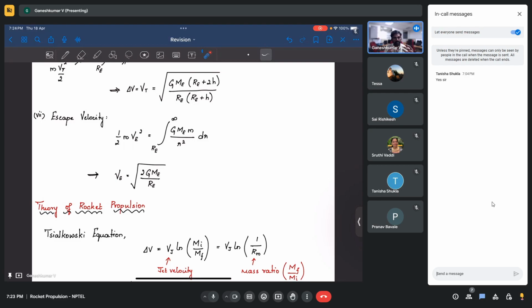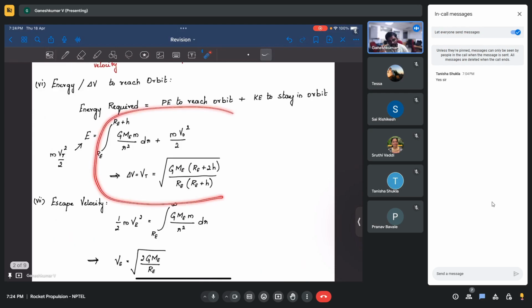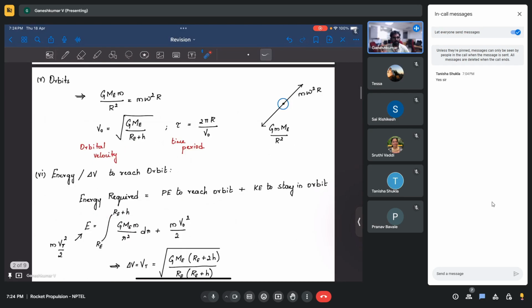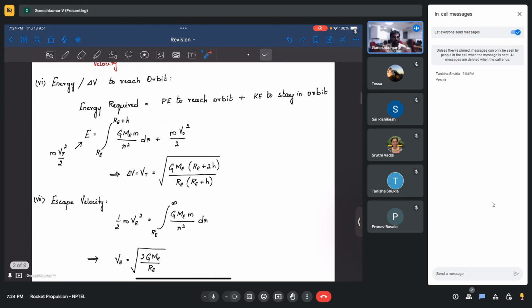The target is you want to go to space, and you should be able to define it properly, and that's why we studied all these concepts. What is the energy we require, what is the orbital velocity, what are the things we are interested in. We are interested in putting a satellite, and for that what is the energy and what is the velocity we need.